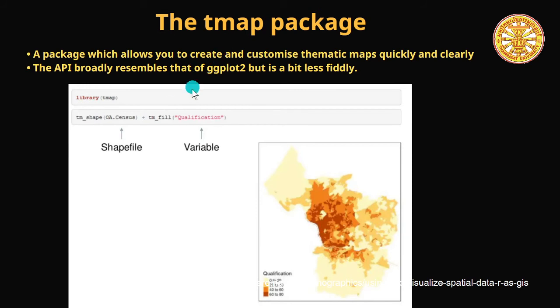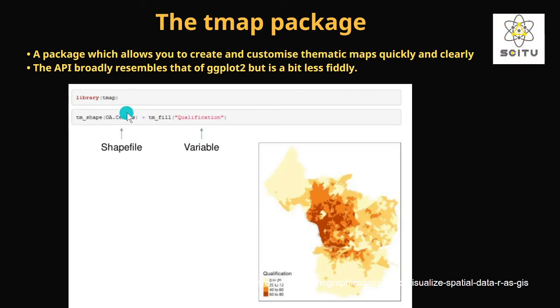With the package tmap, you can create and customize your thematic maps quickly, easily and clearly by using its API. It looks like ggplot, but it's a little bit more friendly. After you install tmap and call library tmap, you can use tm_shape to call the shapefile name.